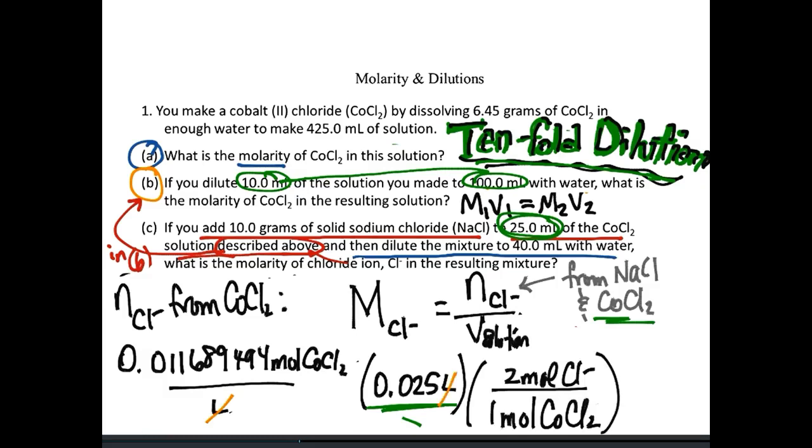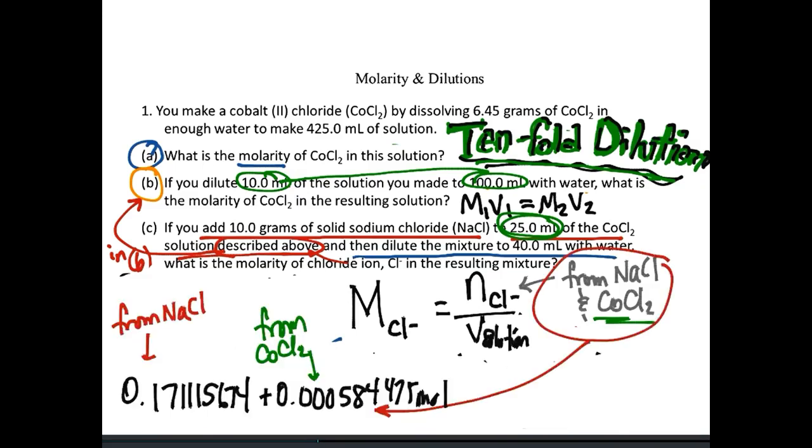Then I need to multiply by 2, because there are 2 moles of chloride ion for every 1 mole of cobalt chloride, to get moles of chloride. That gives me 0.000584475 moles of chloride from the second source. We add those two together: 0.1711 plus 0.000584. That goes in my numerator, 0.1717 moles of chloride.